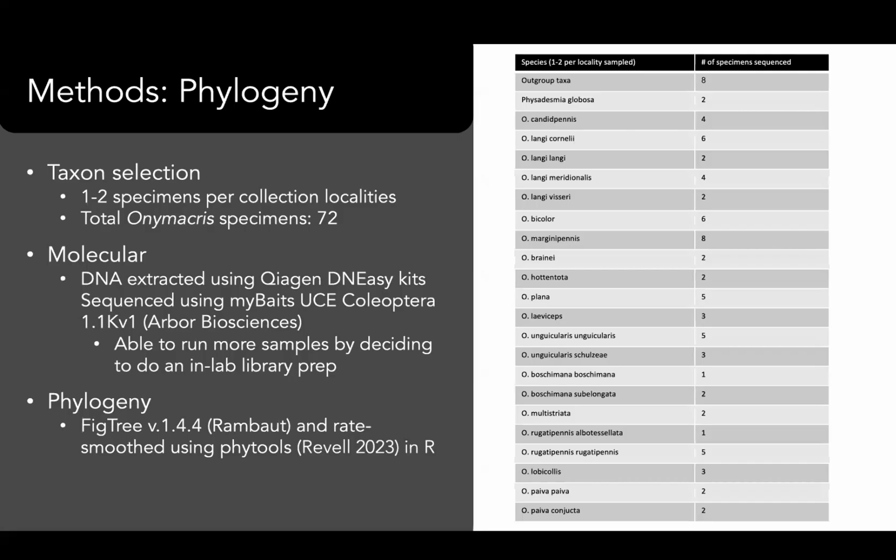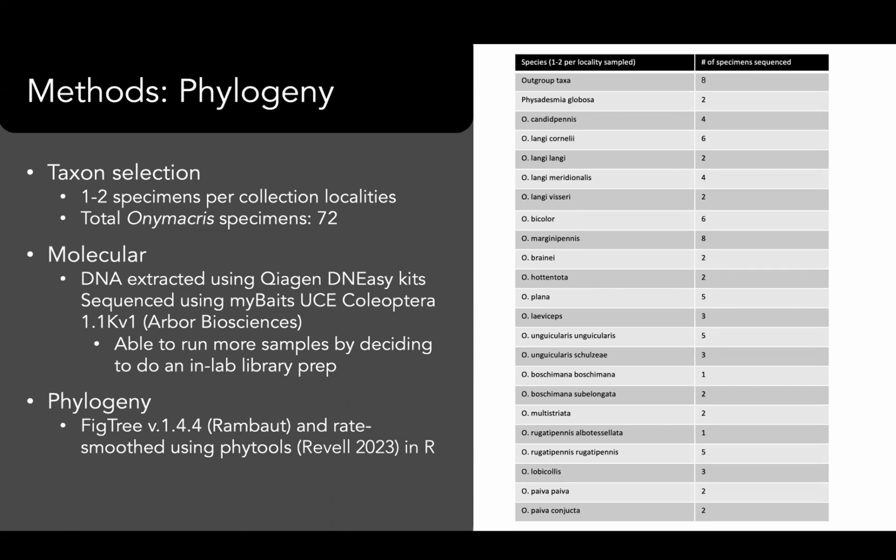So for the phylogeny, we selected 1 to 2 specimens per locality sampled, which totaled 72 samples. And we were able to include all the subspecies and all known distinct populations for each species within the genus. And then we extracted DNA using QIAGEN DNA kits, and then we sequenced that DNA using the MyBaits UCE Coleoptera kit.